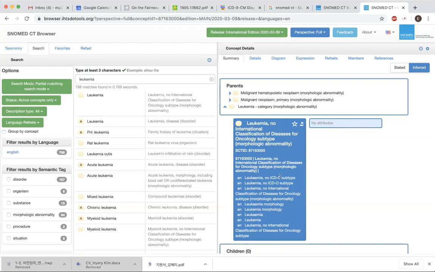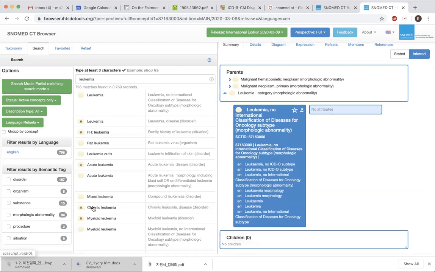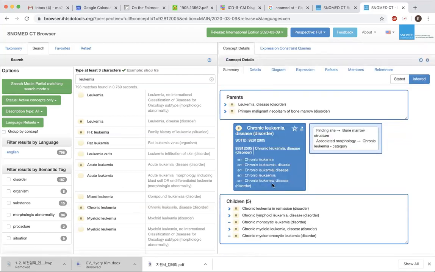Let's see. What else do we have here? Maybe we should click this. This should be more interesting. Okay, so now, that's the reason why SNOMED CT is more difficult to use compared to ICD-9 code.